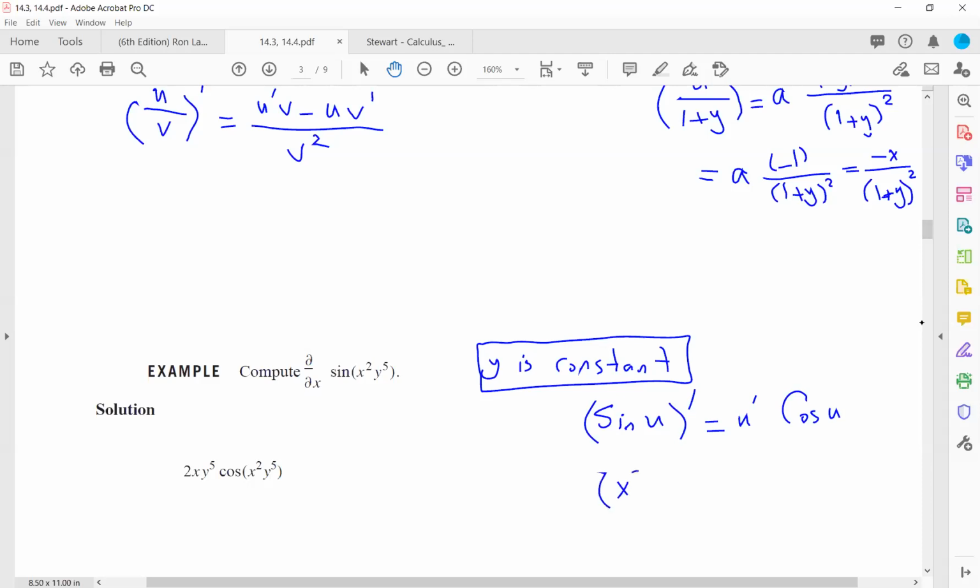The derivative of x squared y to the fifth with respect to x is equal to 2x y to the fifth. So 2x y to the fifth times the derivative of sine, which is cosine, and the quantity inside parentheses is x squared y to the fifth. This is the partial derivative of this function with respect to x.